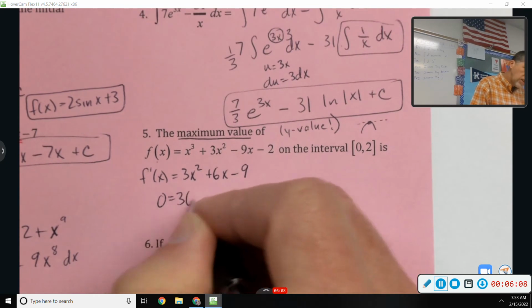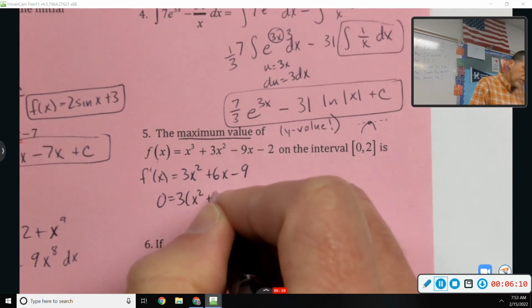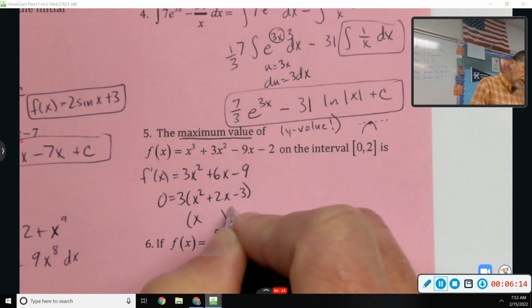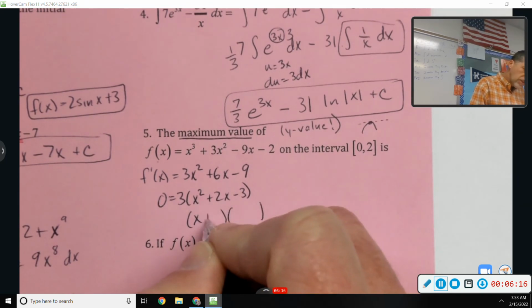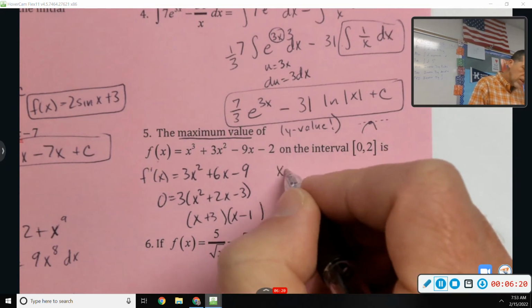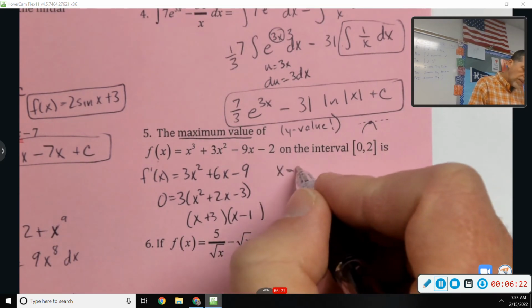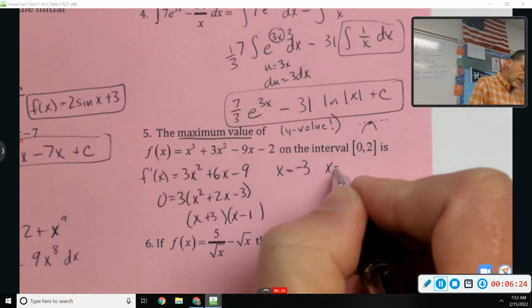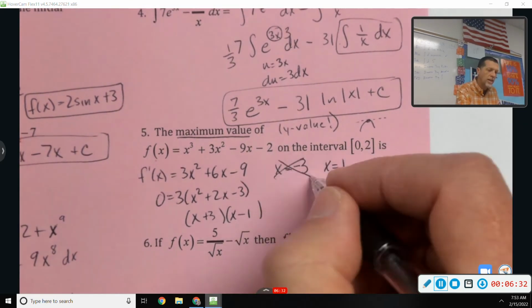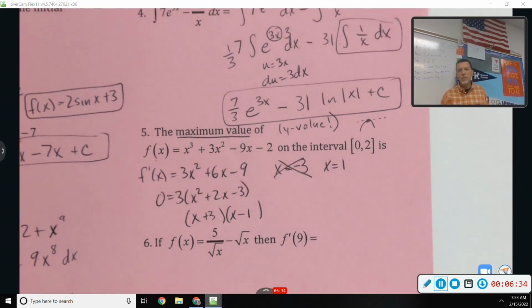That's convenient. X squared plus 2x minus 3. So x plus 3 and x minus 1. So that's x equals negative 3 and x equals 1. But it's on the interval 0 to 2. So negative 3, I'm not allowed to even look there, so I don't know what's happening there, but I don't really care what's happening there.